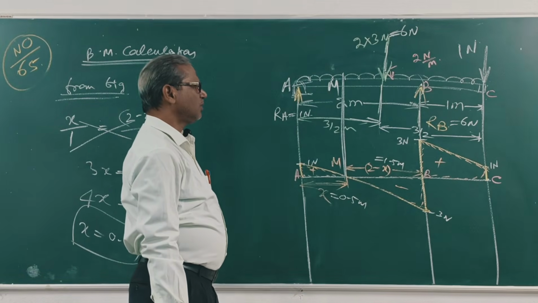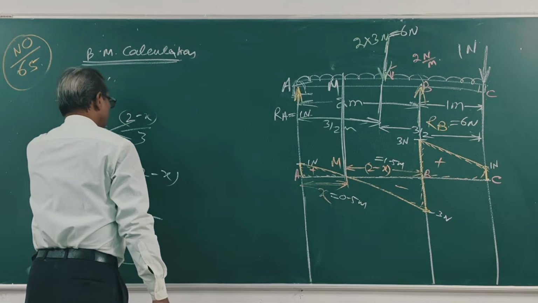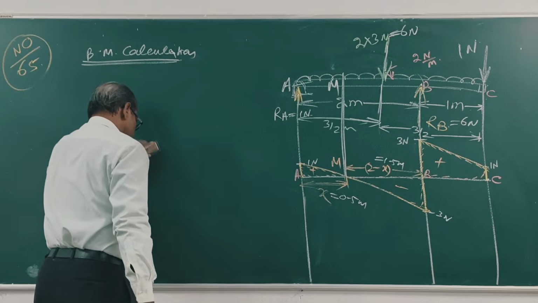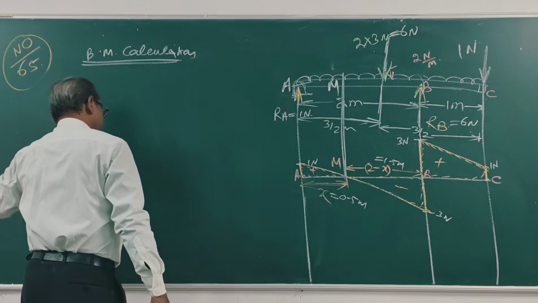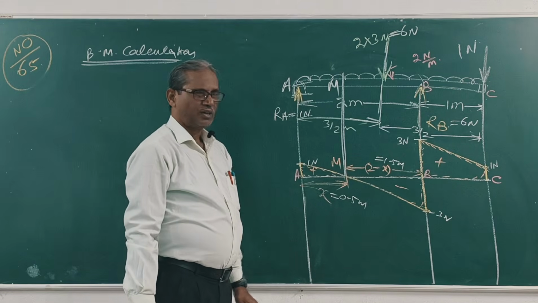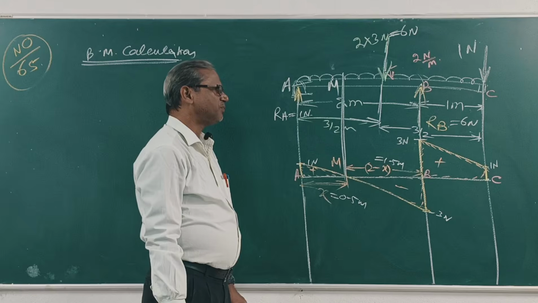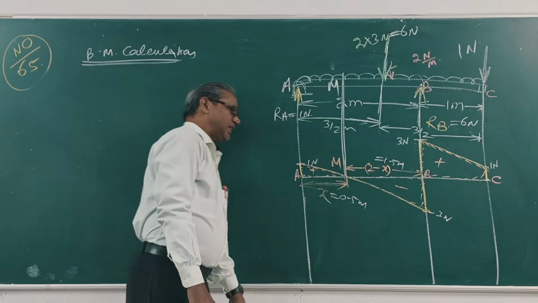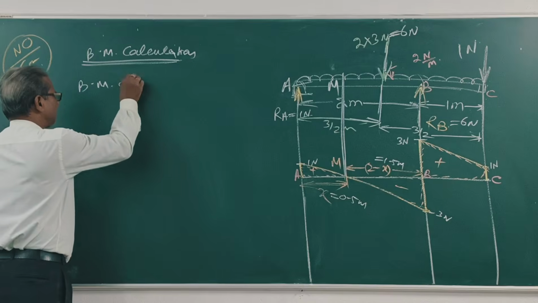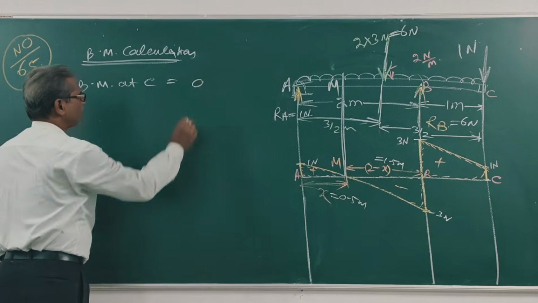Now, first make a bending moment calculation. Now make calculation for bending moment. At C, BM at C is 0.